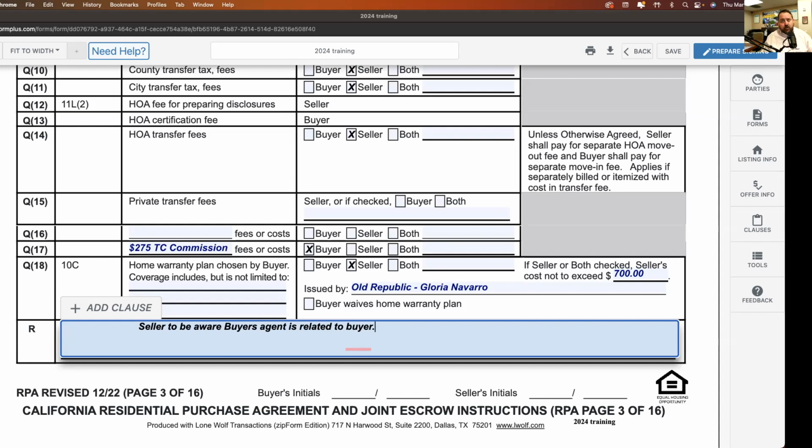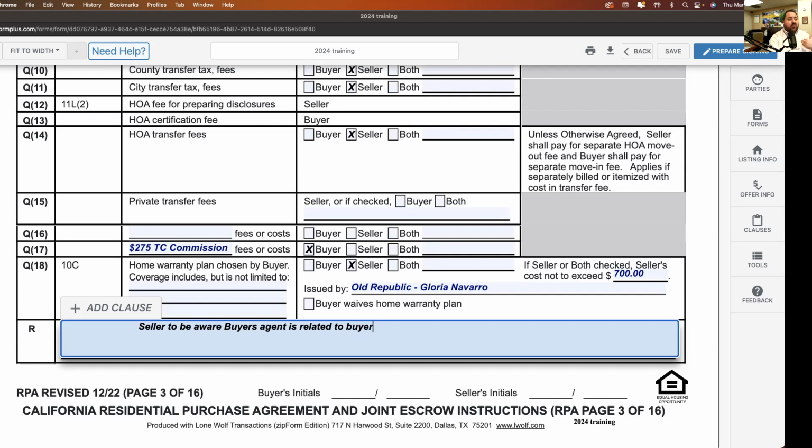We have some of the agents here that are related to lenders, that if the lender's representing their buyer, they're disclosing that relationship, just to make sure it's clear, even to the buyer, that there's a relationship between the two, just so it's transparent. That's what we'd like to do.